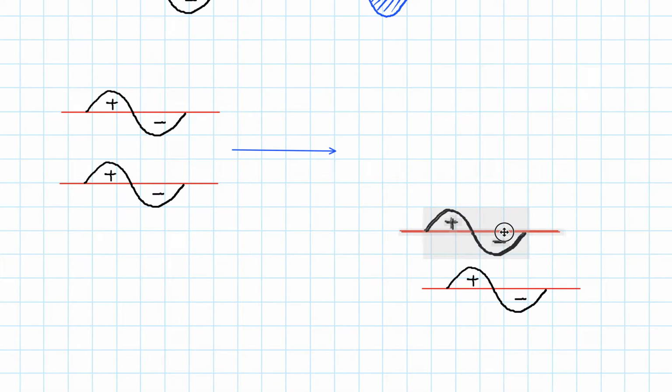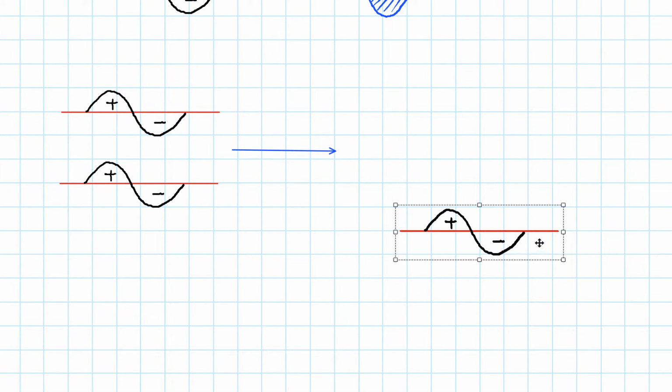If they overlap each other, what will the result be? The amplitude of the wave will increase towards both the positive and the negative phases.